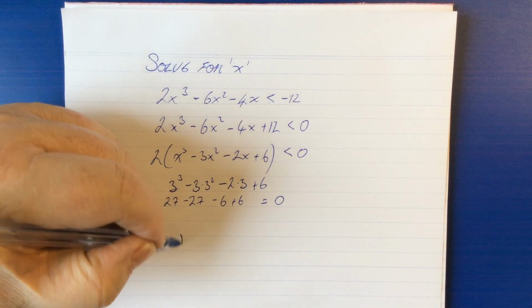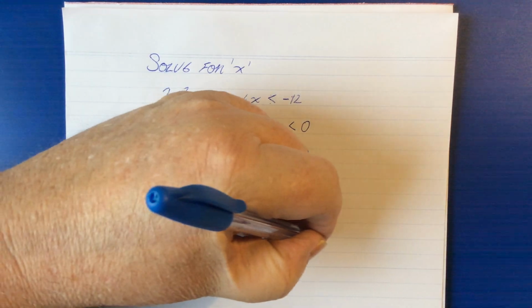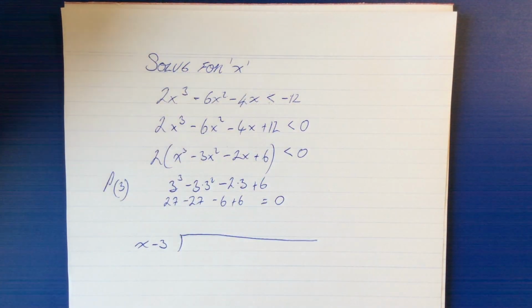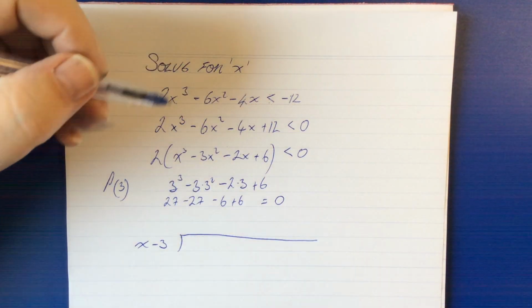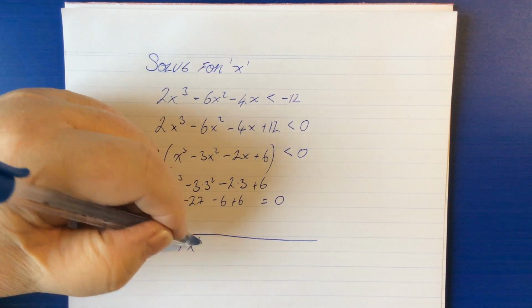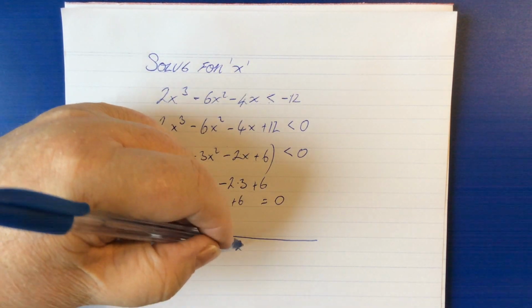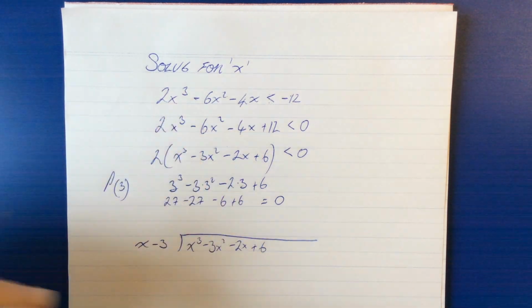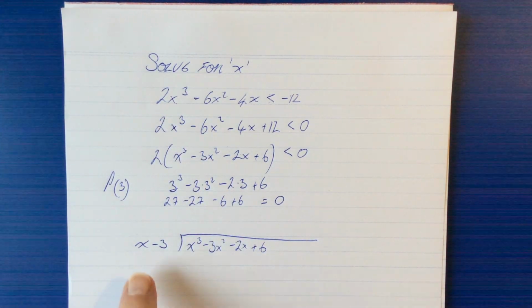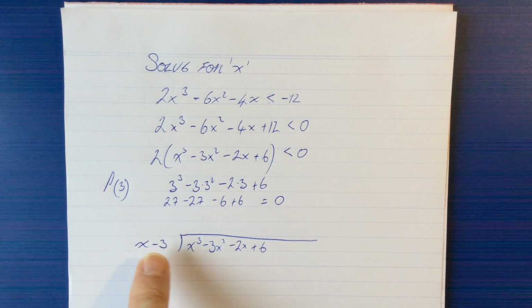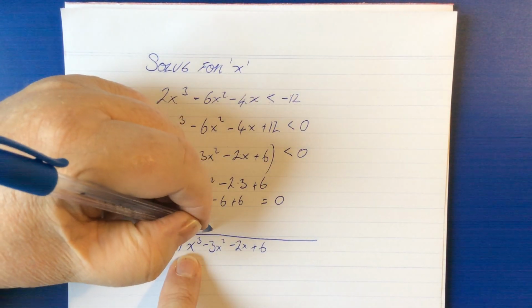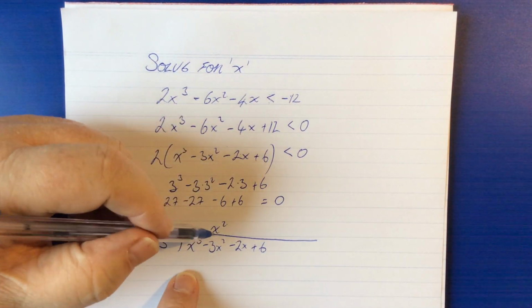Now, what we're going to do is we're going to find the other factors of this thing. So, x cubed minus 3x squared minus 2x plus 6. We're going to do a long division. What do I have to do to this x to get x cubed? Well, x squared. We'll do that.